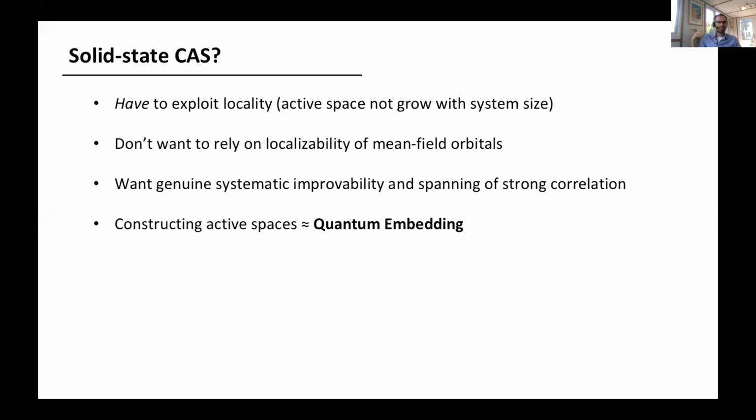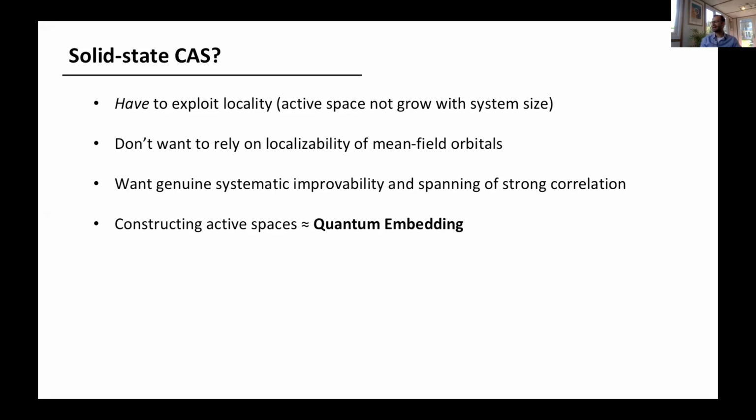So in some ways, we're going to have to exploit locality in larger and larger systems, or in solid state systems, such that we have an active space that doesn't grow with our system size. But from my perspective, we also don't want to have to rely on the localizability of our mean field orbitals.